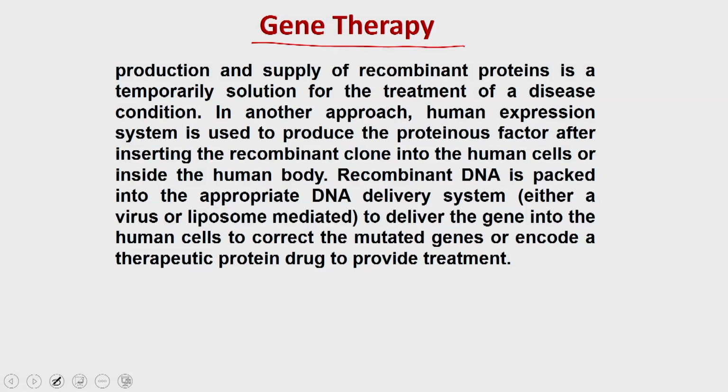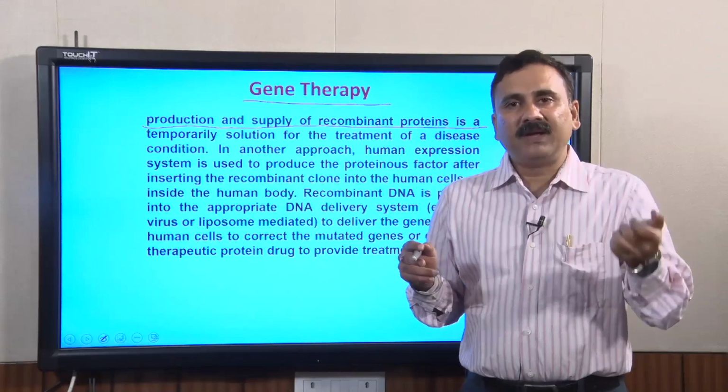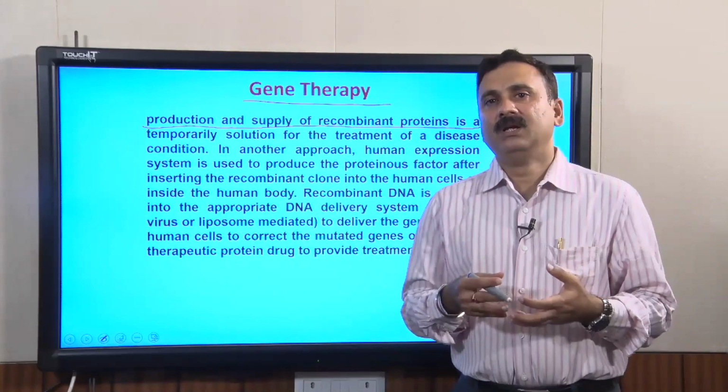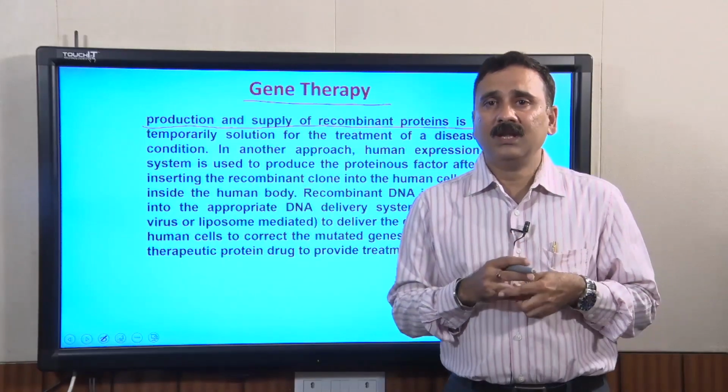Whatever we have discussed so far is that you can produce and supply the recombinant protein, but that is a temporary solution for a disease which is genetically caused. If I am genetically prone to not producing insulin, or if there is a genetic defect so that I cannot produce factor 8, then even if I supply factor 8, it is a temporary situation, because you do not know when you are going to get the injury or when you are going to have a meal.